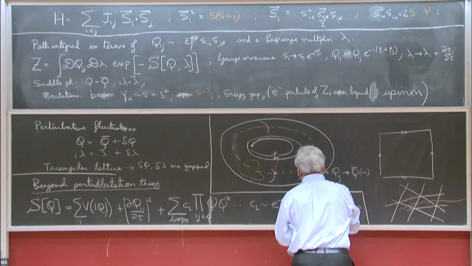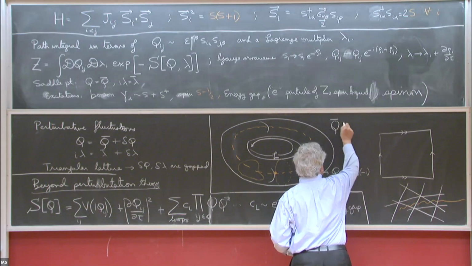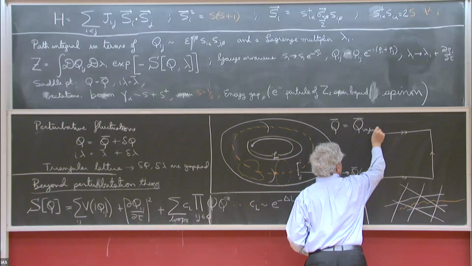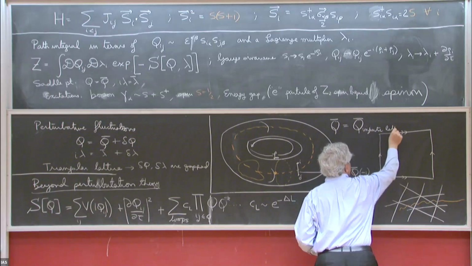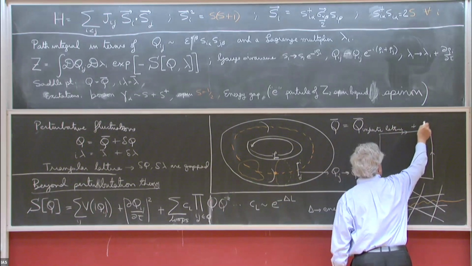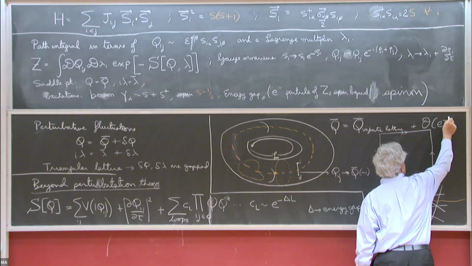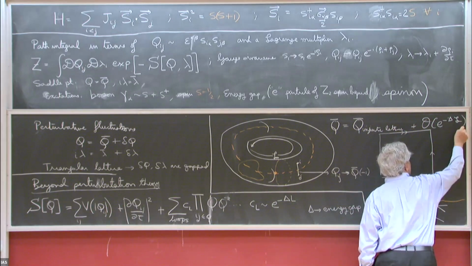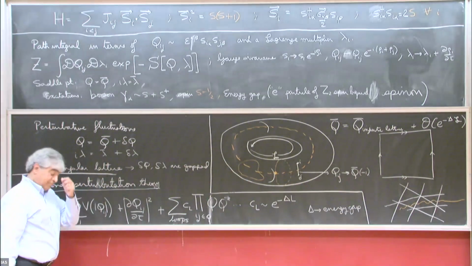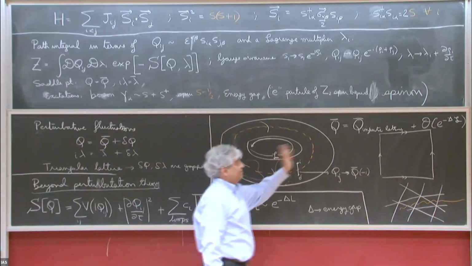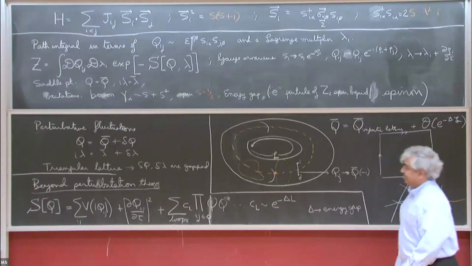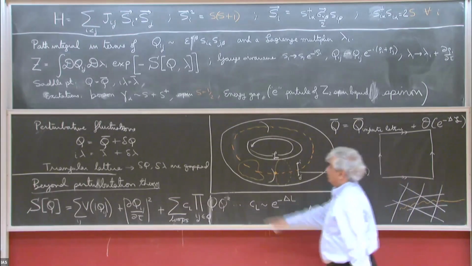So what you can say is that the value of Q bar will be the value of Q bar in the infinite lattice, if you re-minimize the value of Q bar in this particular expansion, plus terms which are of order e to the minus delta L. So we found essentially another ground state, apart from an exponentially small term, which will generically appear in this type of saddle point.